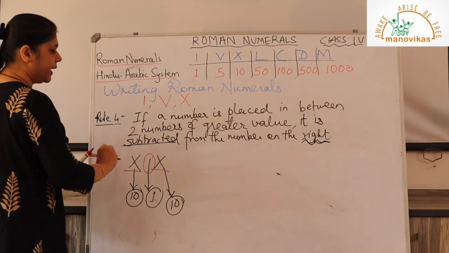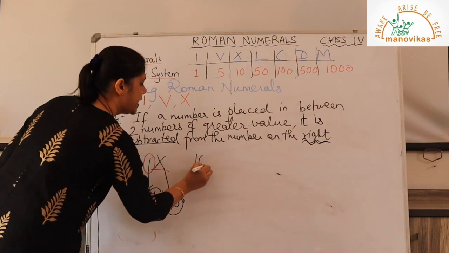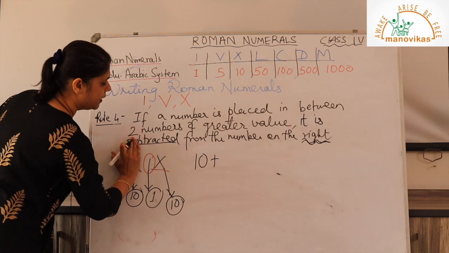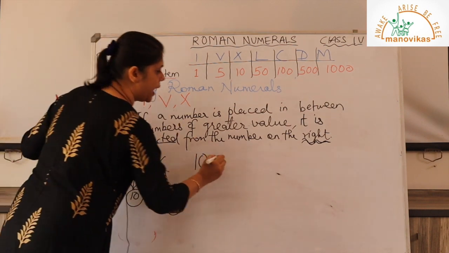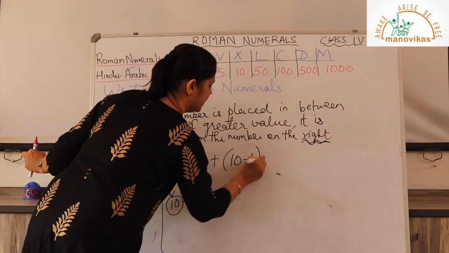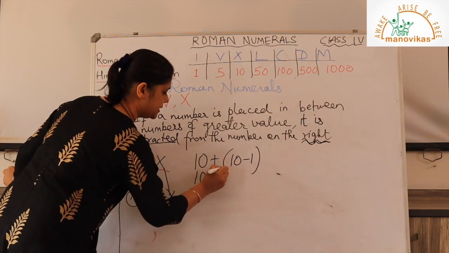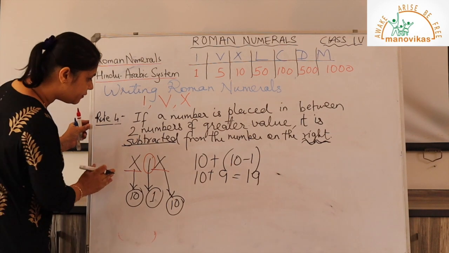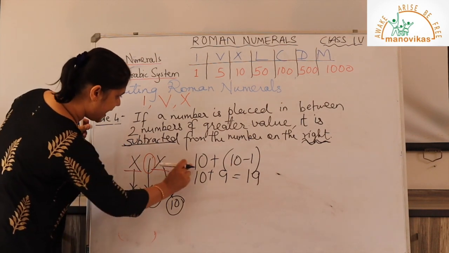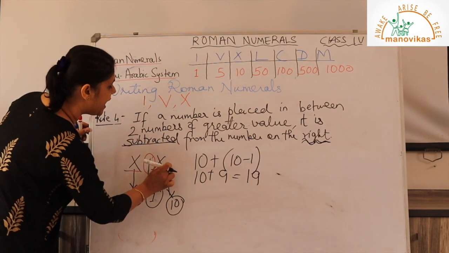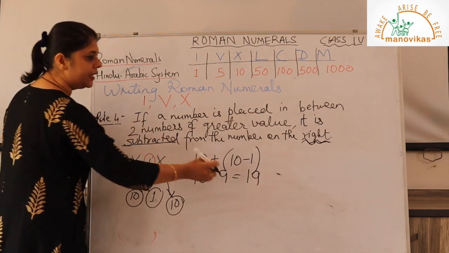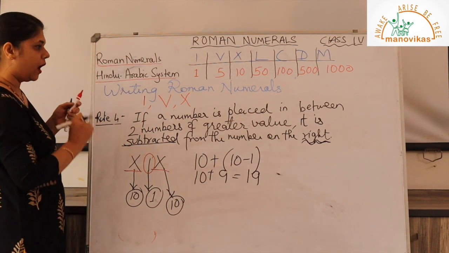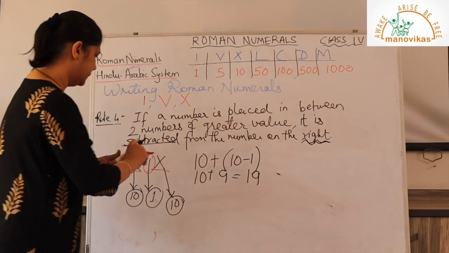This number will be read as 10 plus 10 minus 1, that is 9. So 10 plus 9 is how much? 19. How did I read this number, children? I have taken 10 plus 10 minus 1. So that is 19. Now look at the next example.